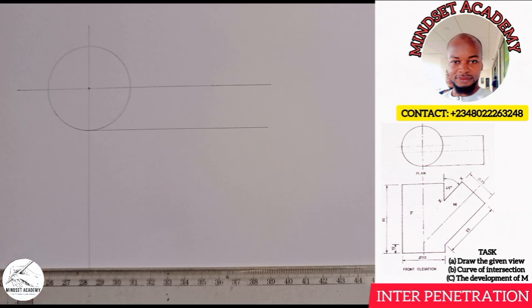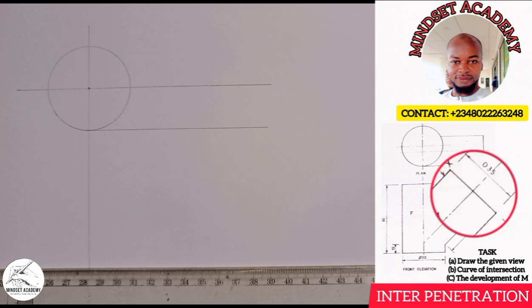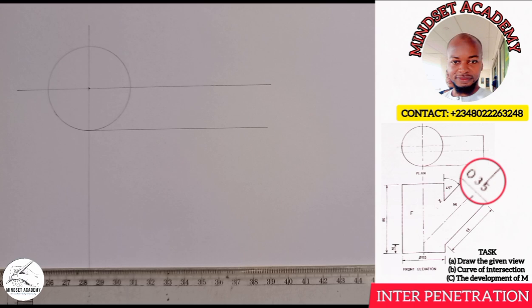So how will you do now? You look at this part here, it is the same as this part here. The difference is that this side is the elevation and this side is the plan. So whatever is here is also here. Since the diameter of this point here is 35, the diameter of it is also 35. So we need half of 35, and half of 35 is 17.5.